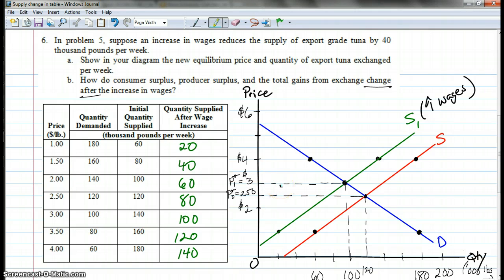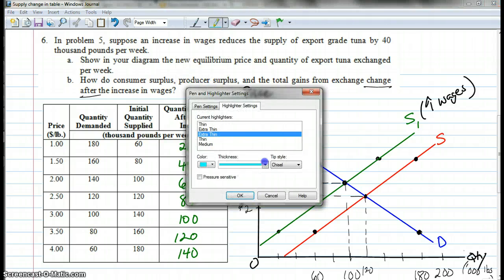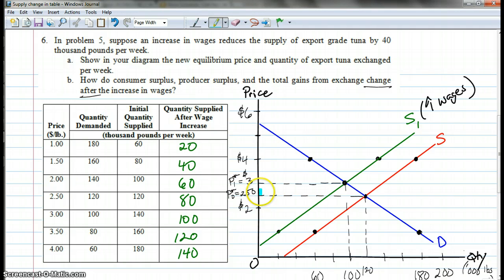Of course, consumer surplus is the excess of the maximum willingness to pay of consumers over and above the price they actually pay. When the equilibrium price goes up, as it has here, they lose a piece of their consumer surplus, and we will shade that in as this area here.